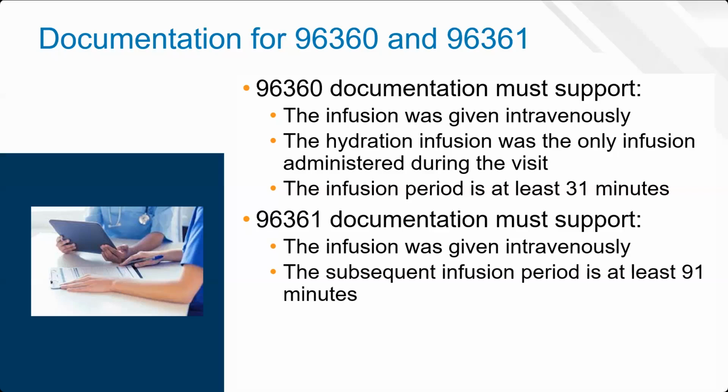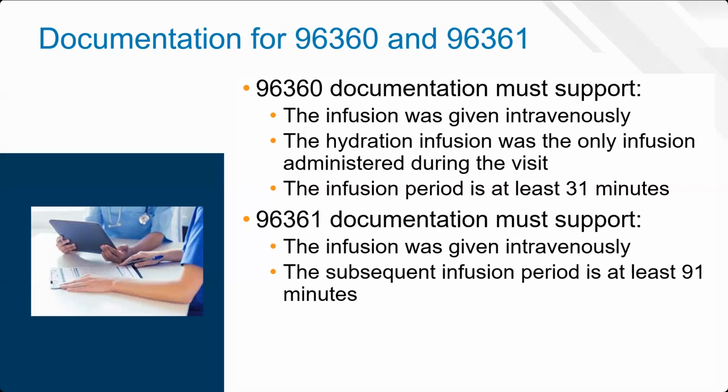The CPT book says you would use the 61 in conjunction with the 96360, and you would report the 361 for hydration infusion intervals of greater than 30 minutes that are done beyond that initial 1 hour increment. You report the 361 to identify hydration if provided as a secondary or subsequent service after a different initial service.